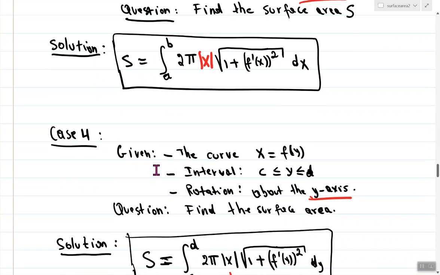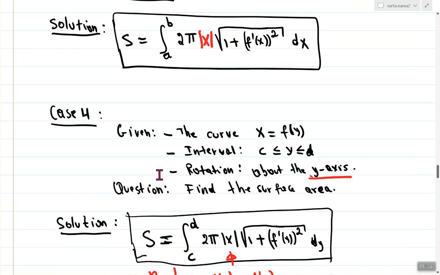So for case 4, at this time, you are given a curve as a function of y. The interval is given as a function of y, and the rotation is about the y-axis. Because the rotation is about the y-axis, you're still going to have 2 pi times the absolute value of x.